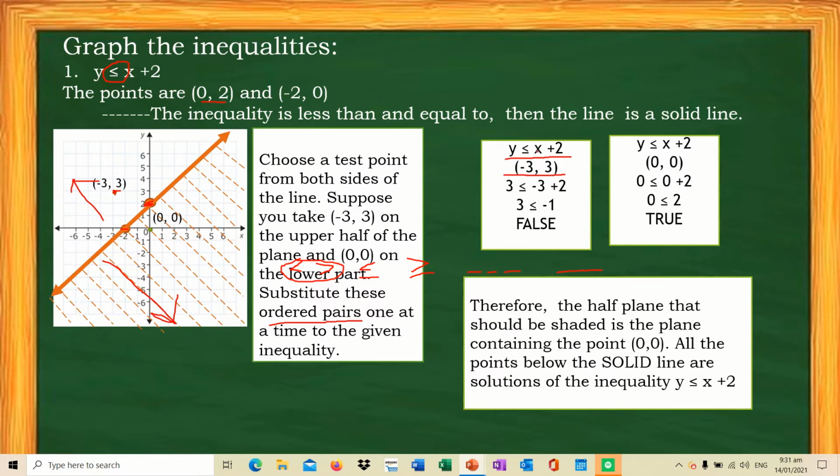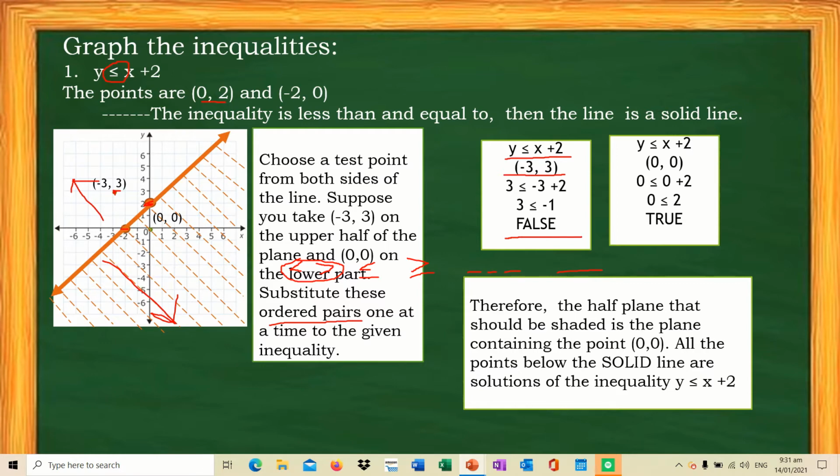Therefore, 3 is less than or equal to negative 3 plus 2. Negative 3 plus 2 is negative 1. So, 3 is less than or equal to negative 1. Analyze whether it is true or false, kagaya ng ginawa nyo sa learning task 1. And that is false.